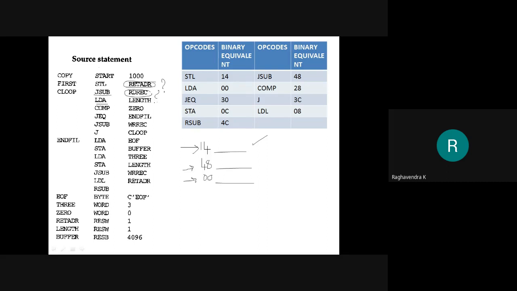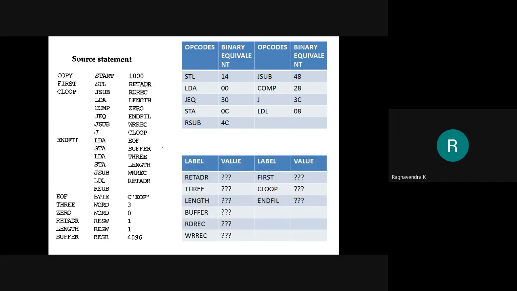All the labels present here, I do not know their values, so I need to assign those values. How do I assign them? For example, see here, where is RETADR? RETADR is present here, so its declaration is here.